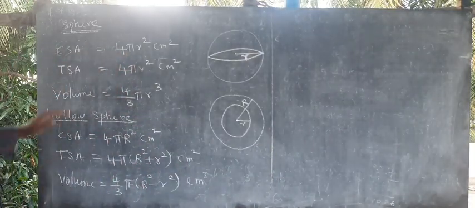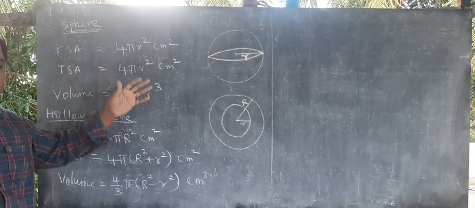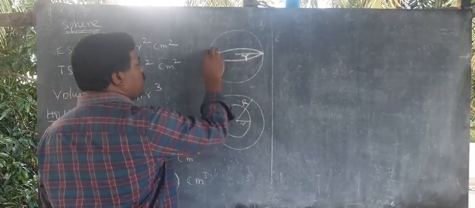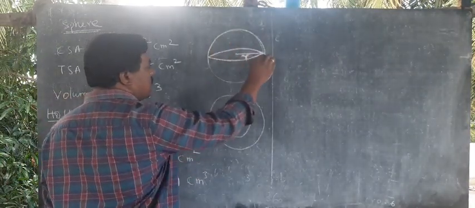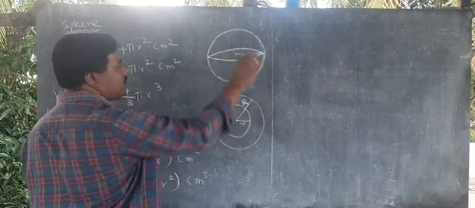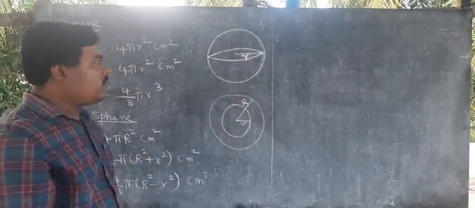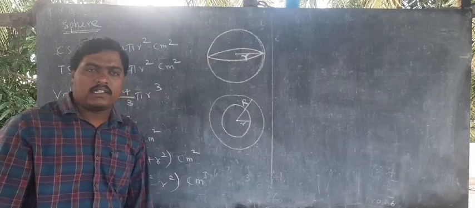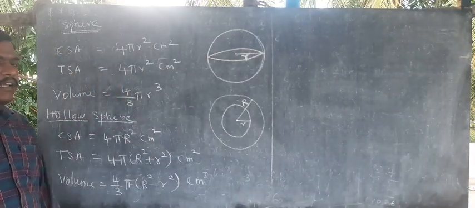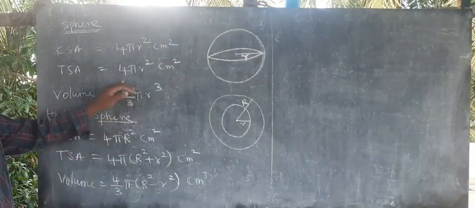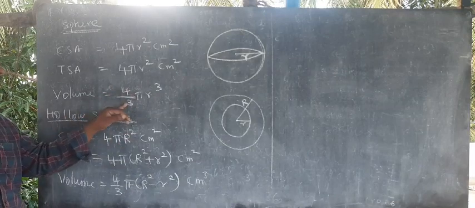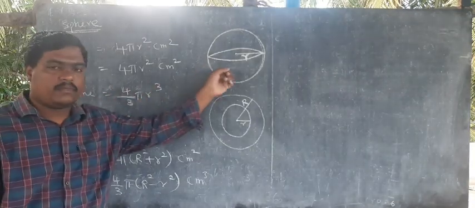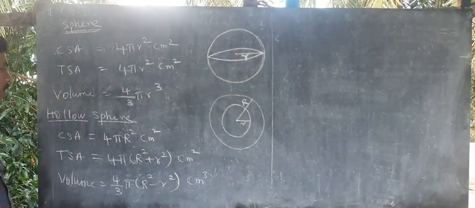And TSA is also 4 pi r square, because a sphere means only the outer region of the circle. So there is no separate TSA or CSA; both are the same here, 4 pi r square. Volume is 4 by 3 pi r cube.